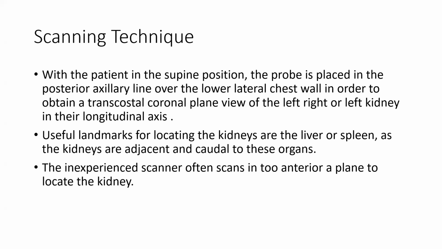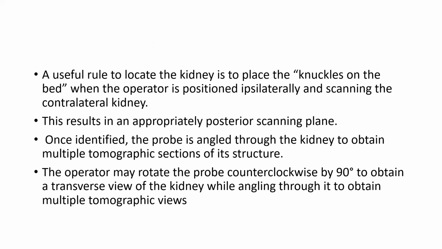The inexperienced scanner often scans too anterior a plane to locate the kidney. A useful rule to locate the kidney is to place the knuckles on the bed when the operator is positioned ipsilaterally and scanning the contralateral kidney. This results in an appropriately posterior scanning plane.